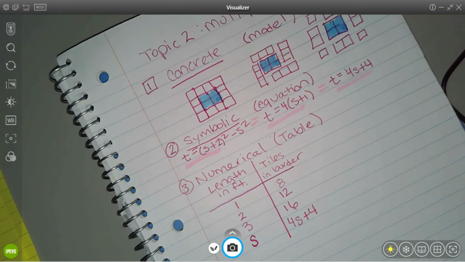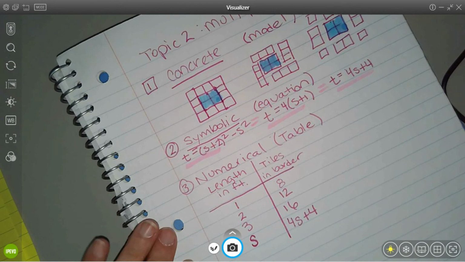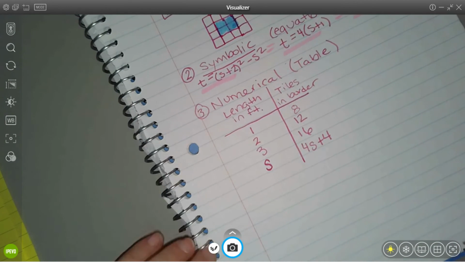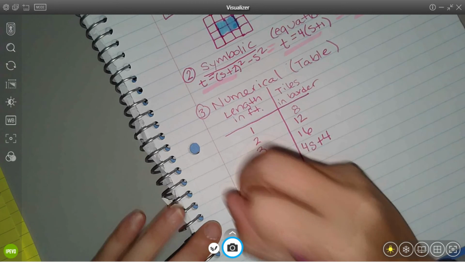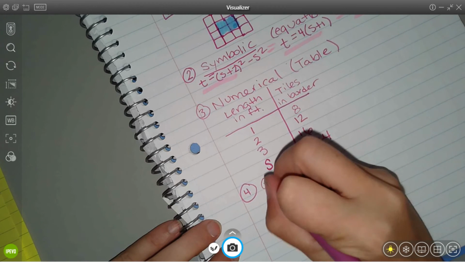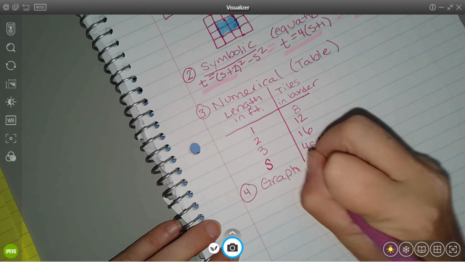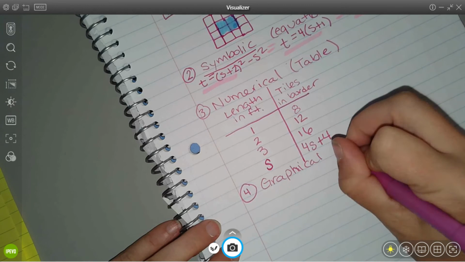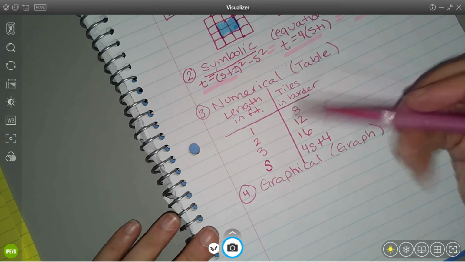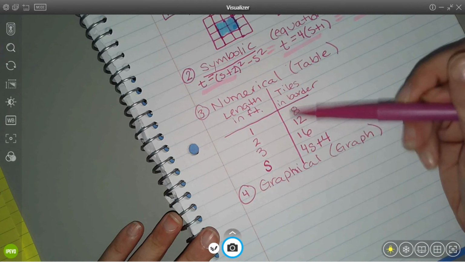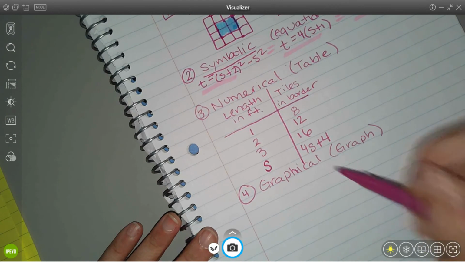And now lastly, the last way that we can model a situation is by graphical, which this one's not hard to figure out. Graphical is a graph. A lot of times what we do is we take a table, a numerical representation, and turn it into a graphical.